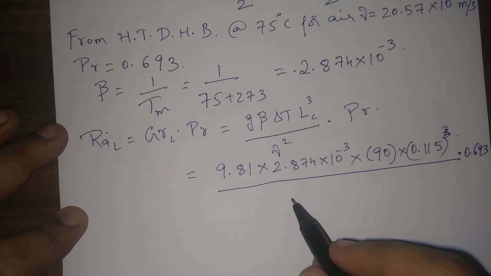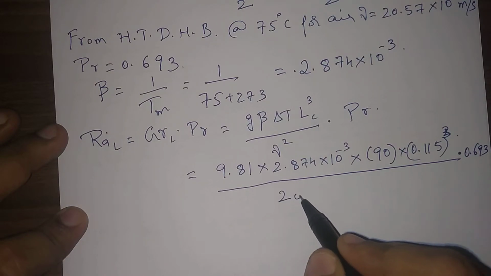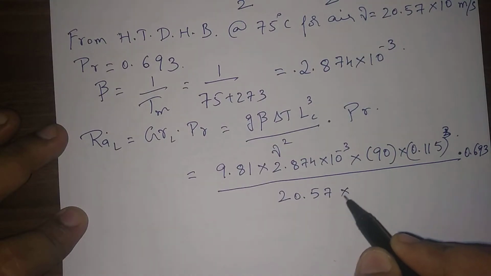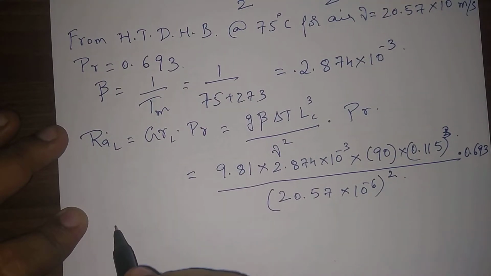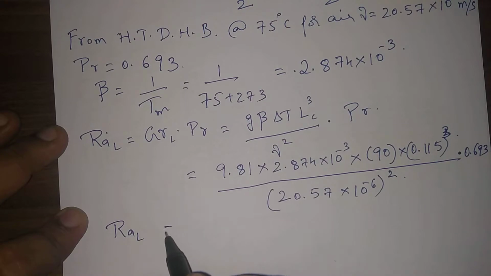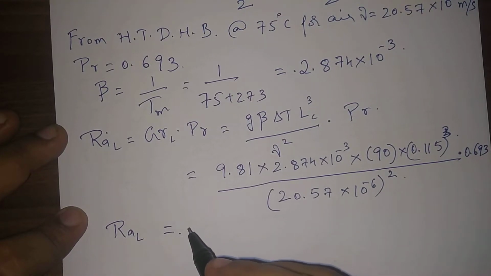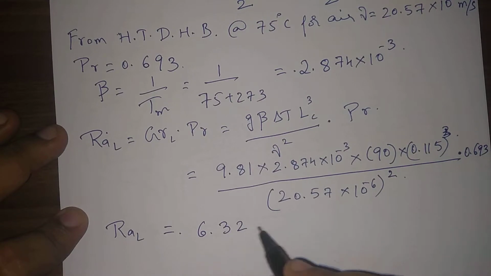So nu square is how much? Kinematic viscosity 20.57 into 10 to the power of minus 6 whole square. So Rayleigh number is coming out to be around 6.32 into 10 to the power of 6.